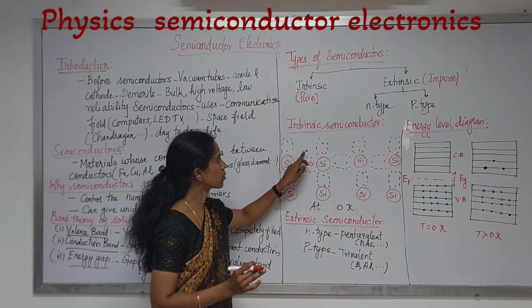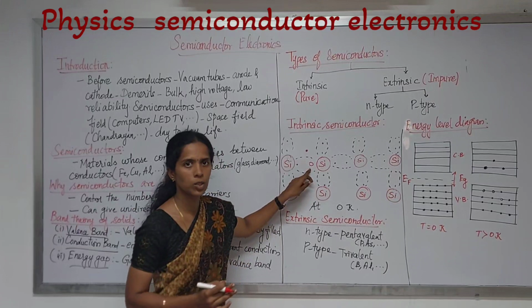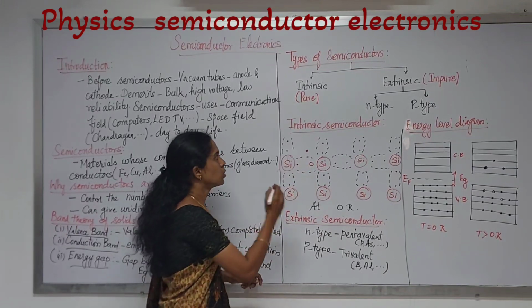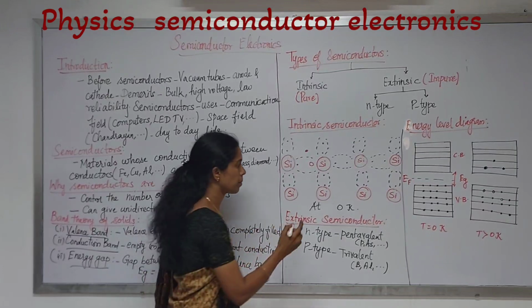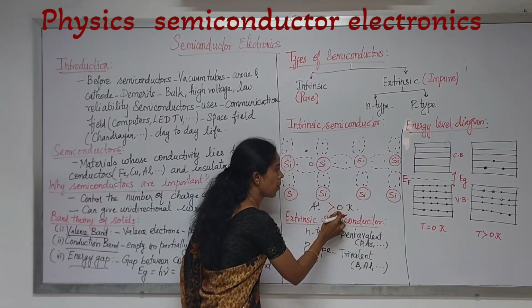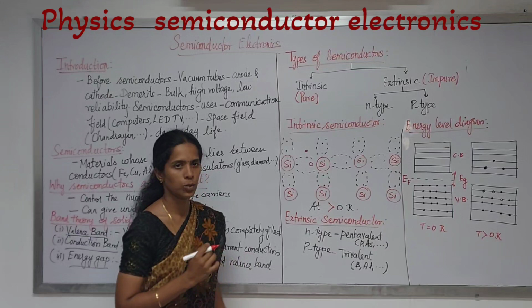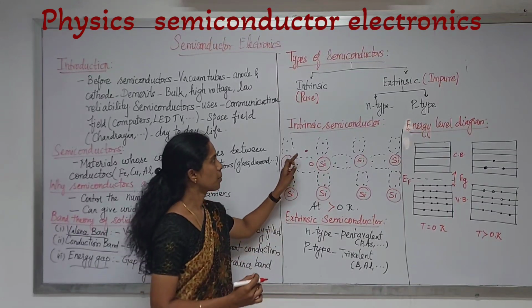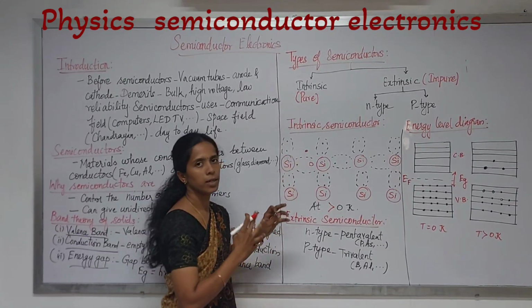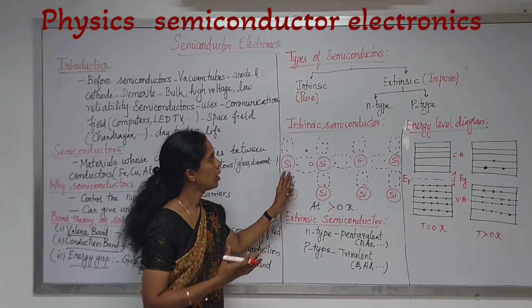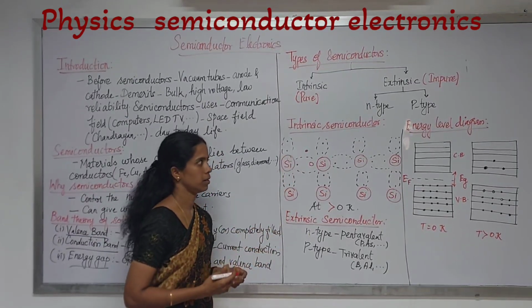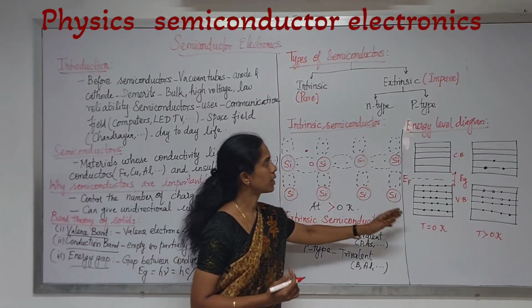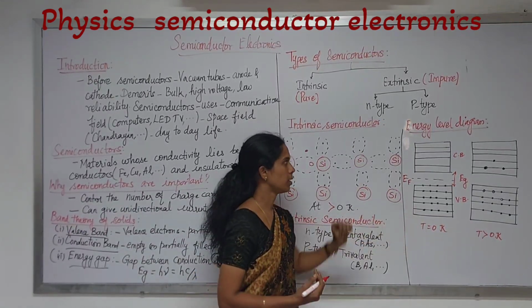These electrons and holes are called charge carriers in semiconductors. When the temperature is increased above 0 Kelvin, these electrons can take part in current conduction, so the creation of free electrons makes current conduction possible in an intrinsic semiconductor.